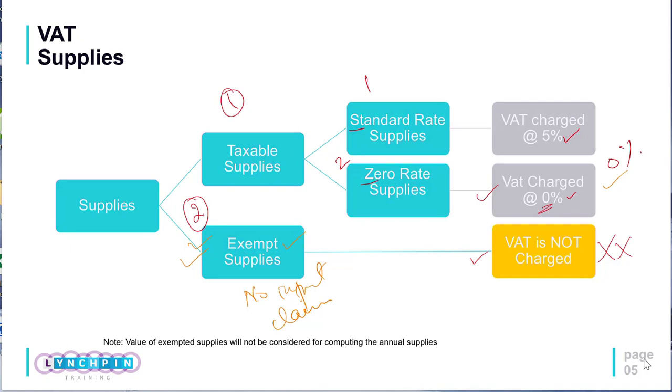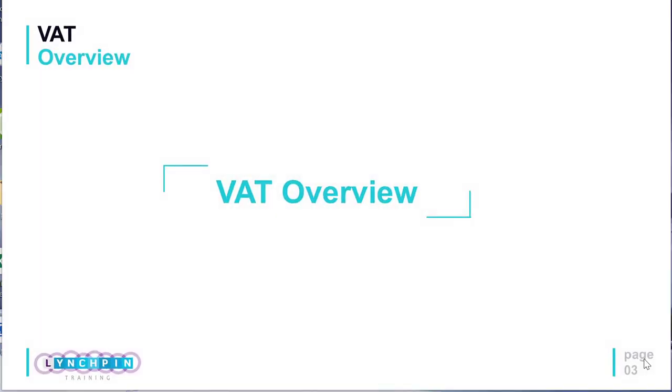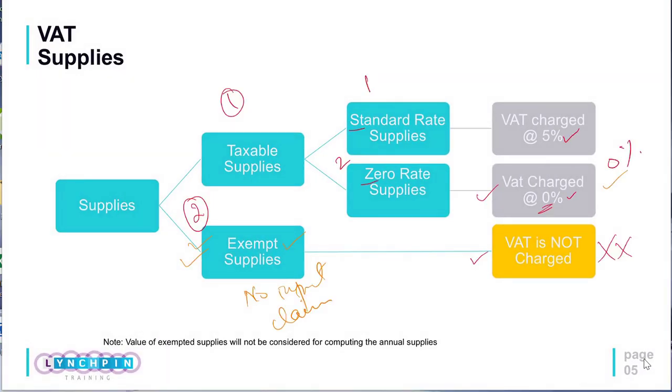So actually, whatever such companies buy, their cost would be increased by 5%. So this is very important: being exempt as far as VAT is concerned is a bad thing because my cost would be increased. These are the two types of supplies which are well defined in UAE VAT law.